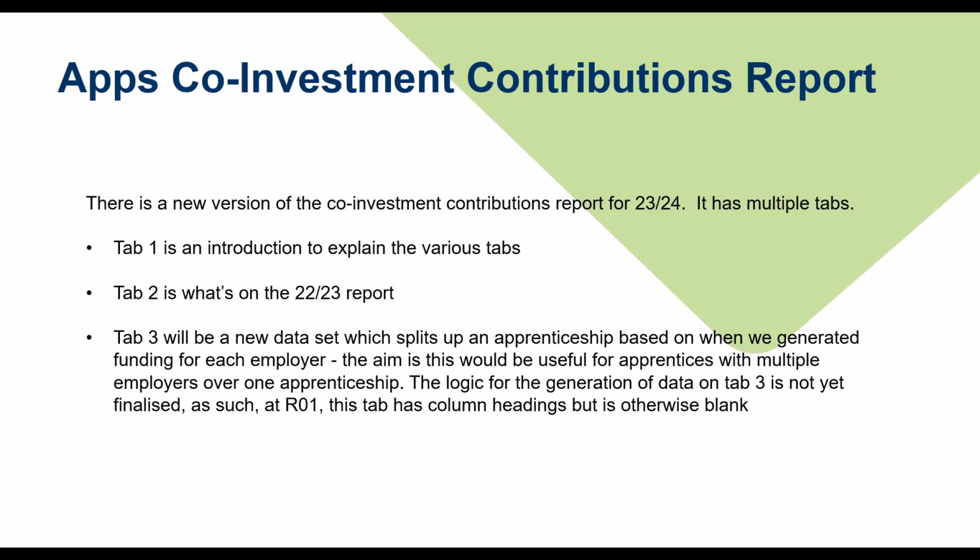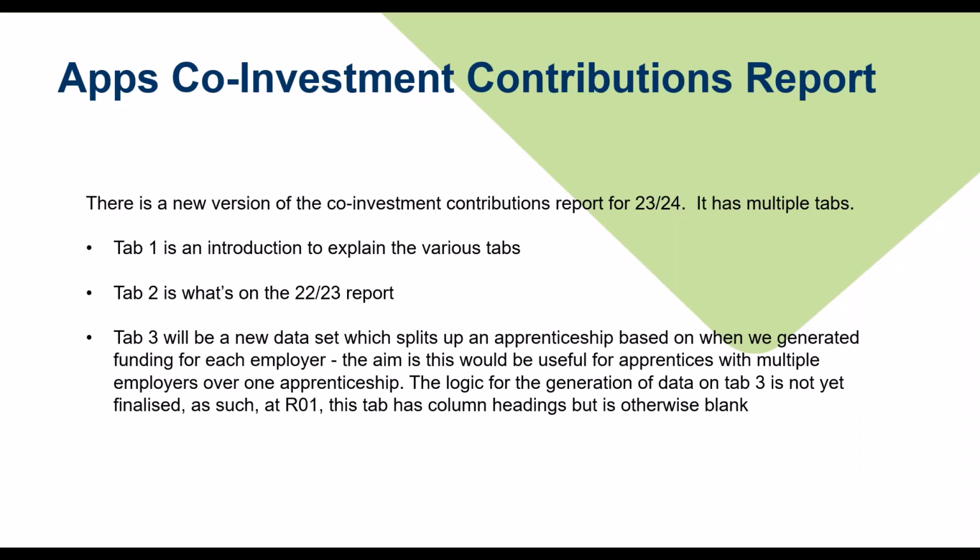Okay, for 23-24, there is a new version of the co-investment contributions report available, which I thought was obviously worth mentioning. Tab 1 is an introduction to explain the various tabs.